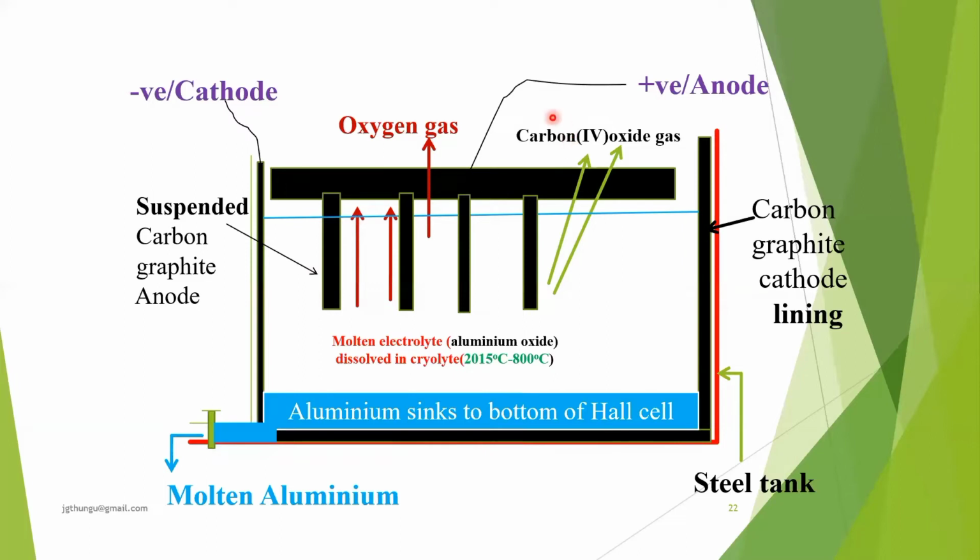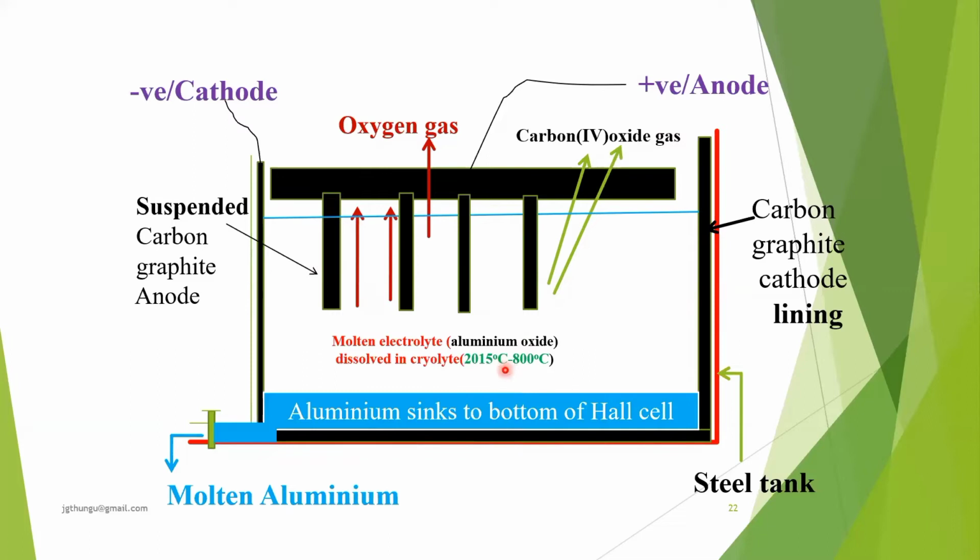But then again tunaona hapa kuna CO2 gas. Hii CO2 gas inatoka wapi? Naonyesha inatoka pia kwa hizi anode. Okay? As we discussed, tutaona ya kwamba as oxygen gas is being produced, the anode is made up of graphite or carbon.